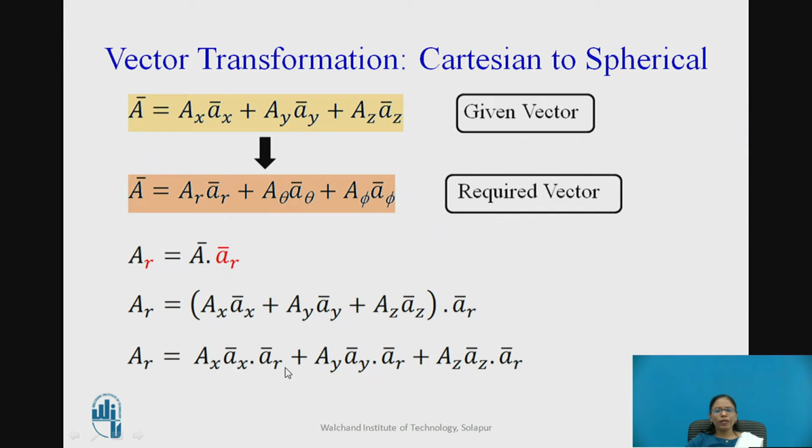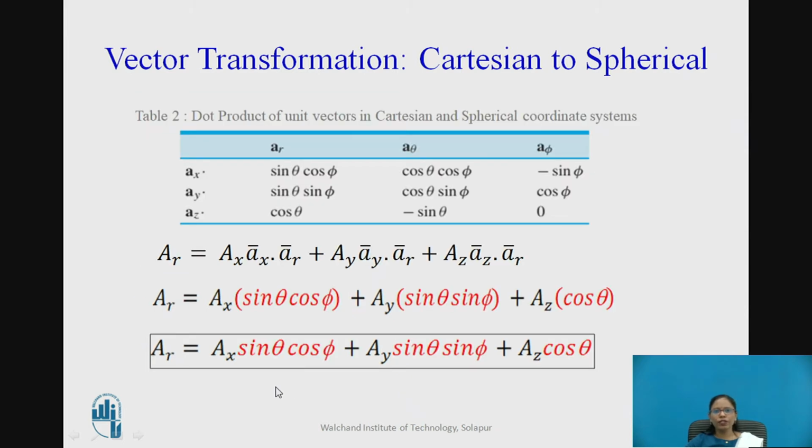In order to find out the dot product of one coordinate with another, I need to follow the table, which is table 2, which gives the dot products of the vectors in Cartesian and spherical coordinates. If you see vertically, ax bar, ay bar, az bar are the unit vectors in Cartesian.